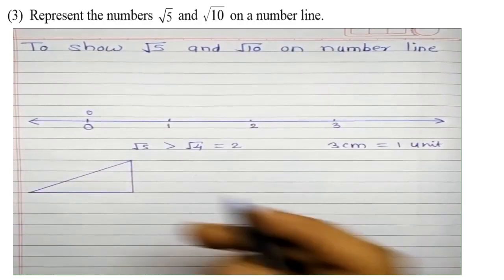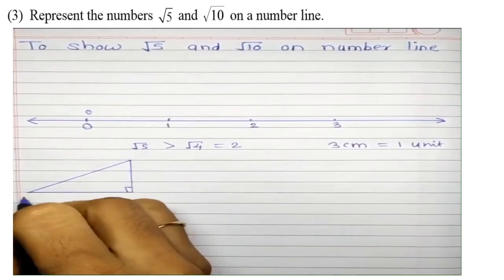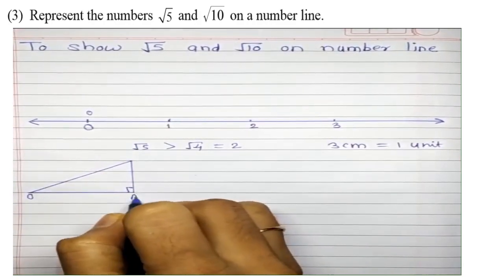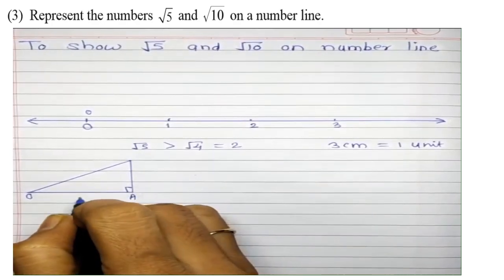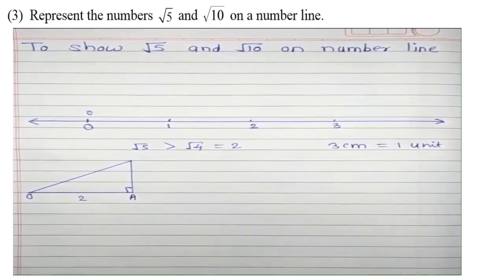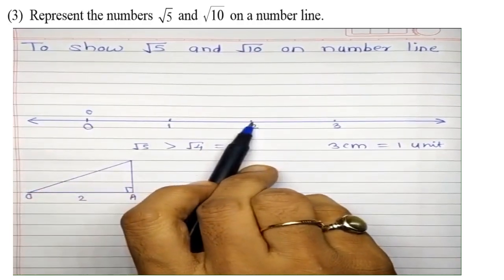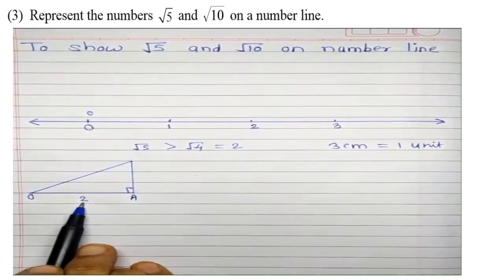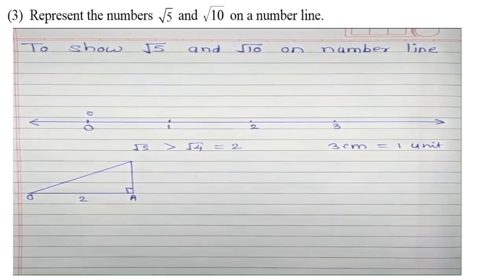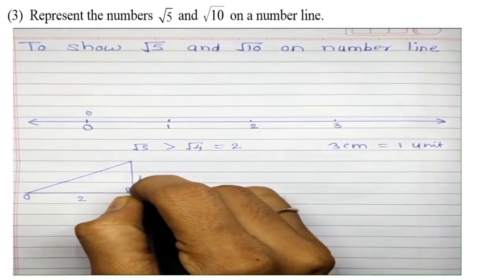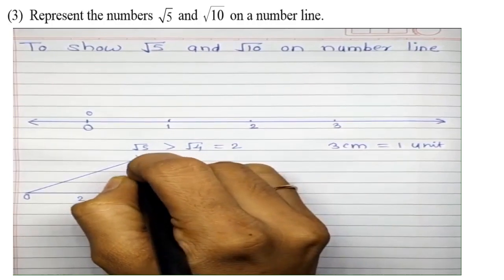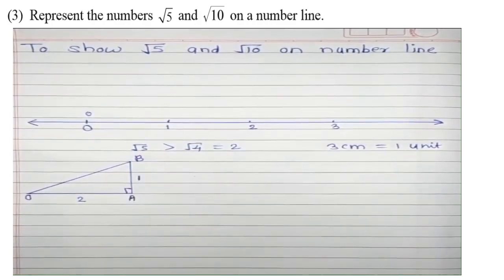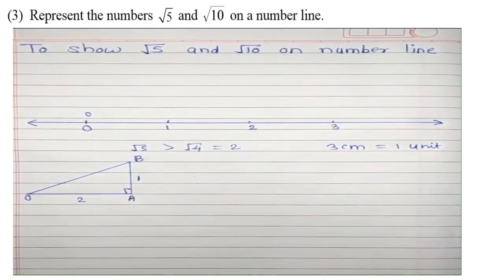the base here OA, I am giving the name OA, and the base is 2 units. That means this part. Okay, as I said, root 5 is beyond 2. So I have taken this as 2. And the height I am taking as 1 unit. Let us name it as B. So now if we apply the Pythagoras theorem, what is Pythagoras theorem?